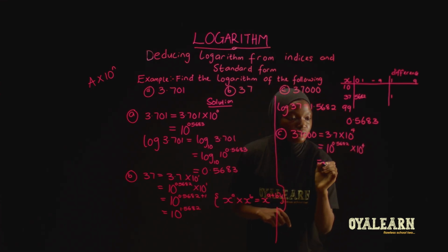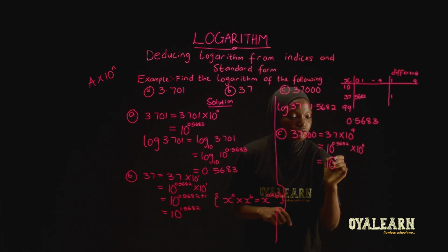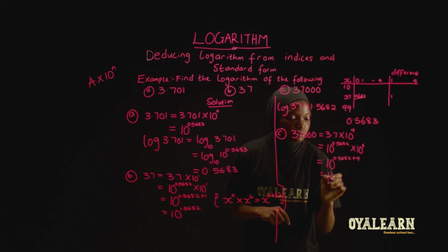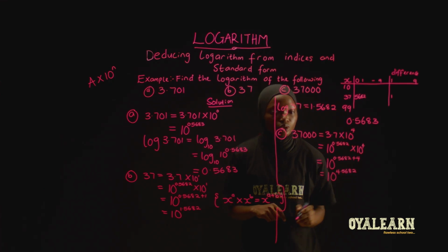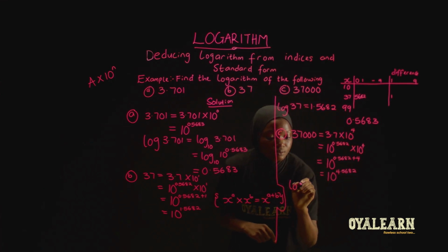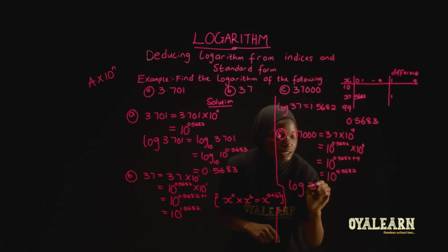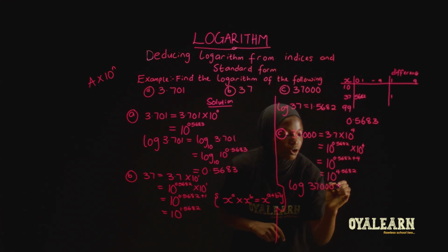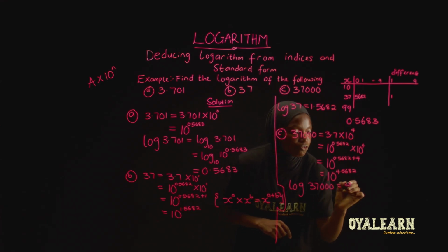Now by applying law of indices, this becomes 10 raised to the power of 0.5682 plus 4, which gives us 10 raised to the power of 4.5682. And the logarithm of 37,000 becomes this power that we have here, 4.5682.